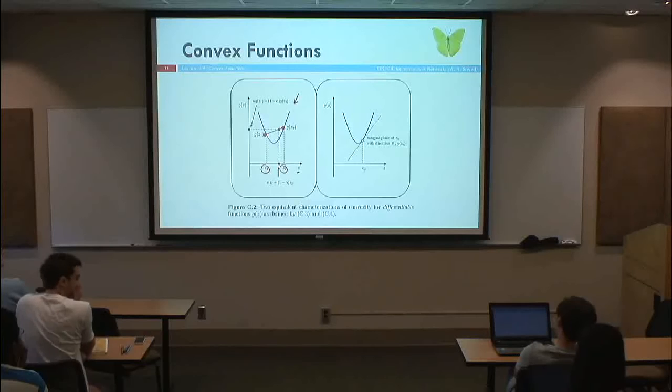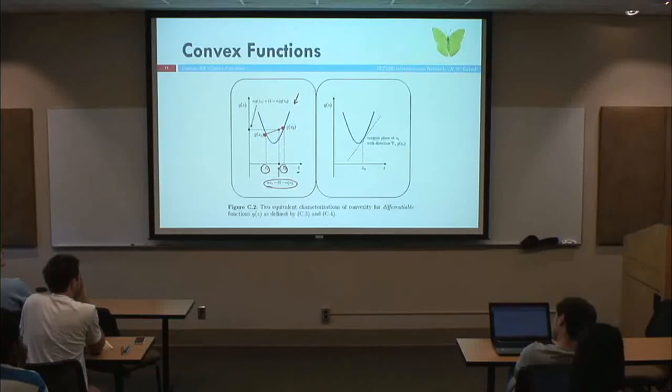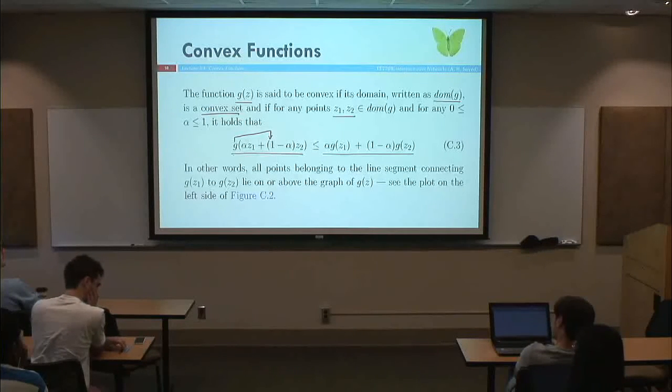This point here is a combination of z1 and z2, so it lies on that segment. And if you evaluate the function at that point, what the definition of convexity says is that the value of the function at that point is smaller.